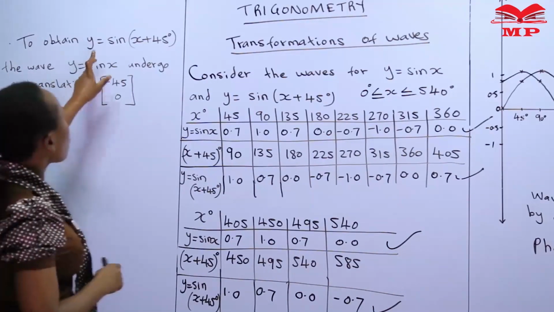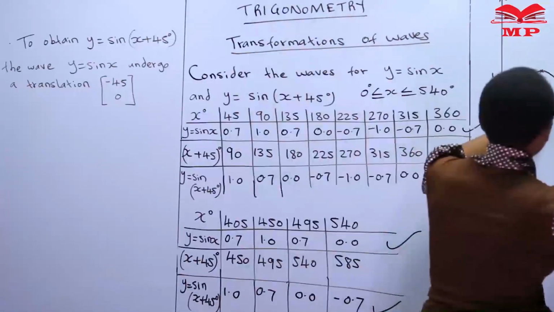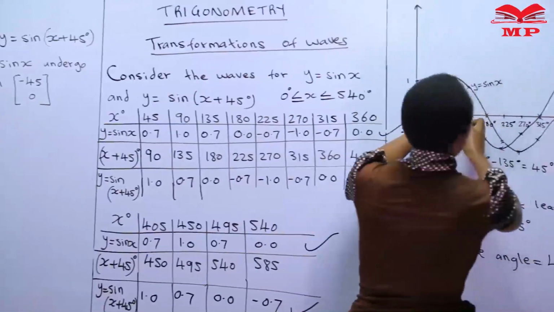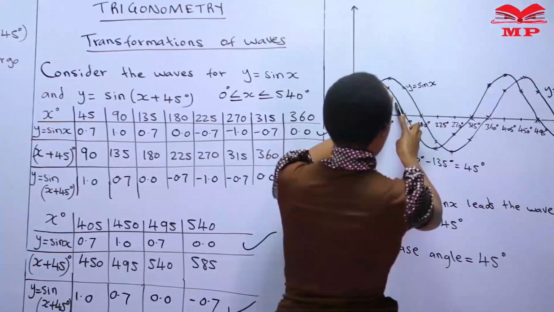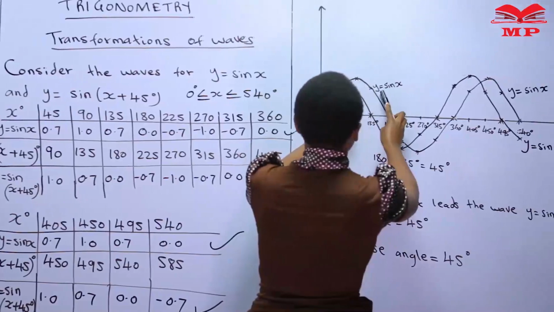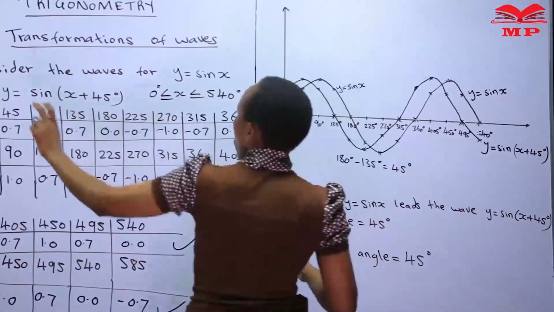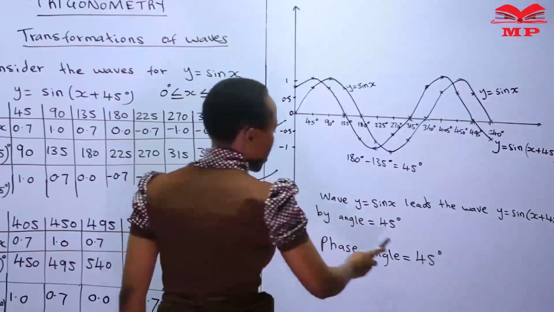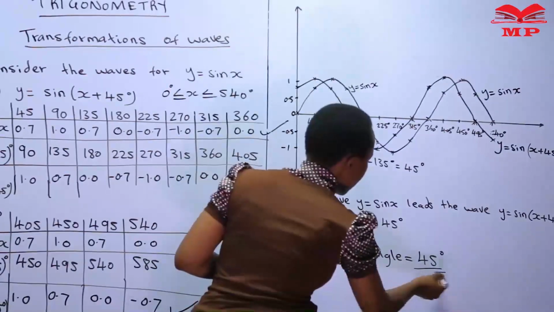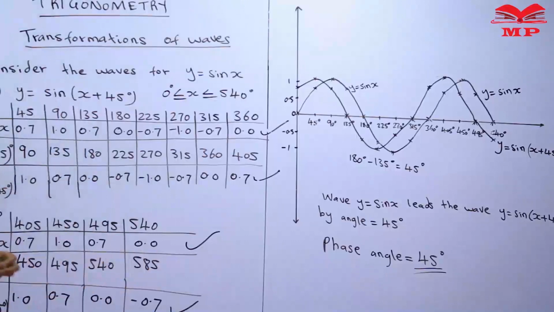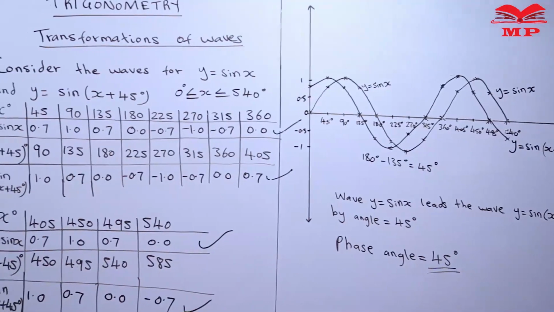So we are saying to obtain y is equal to sine x plus 45 degrees, the wave y is equal to sine x will undergo a translation of negative 45, 0, because this is our phase angle. You will learn more in matrices and transformation on the translation.